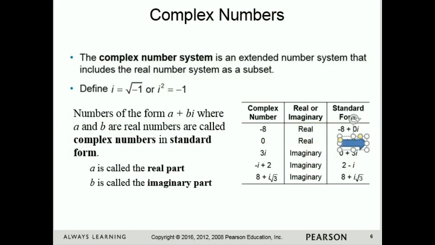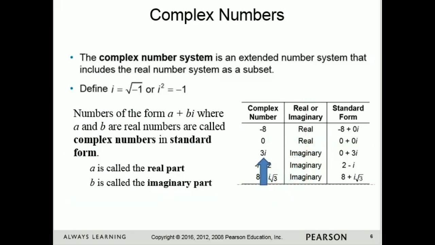So the 0i part of it cancels out, so we just get -8, right? But all real numbers can be represented in the complex number system. So again, we have 0, a real number, which is 0 plus 0i. So that 0i part cancels out. The moral of the story is real numbers are included in the complex number system.